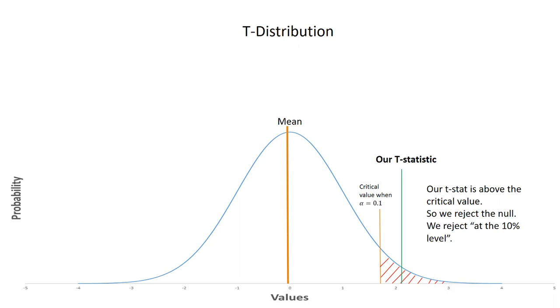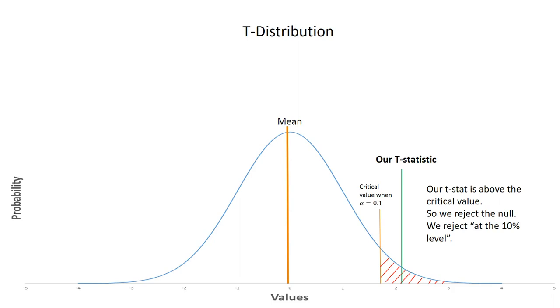So if our t-statistic lies out here, we will reject the null. We will conclude that our particular observed value is too extreme, and therefore we don't think that the null hypothesis is true. But if the null hypothesis is true, we will be committing a type 1 error.